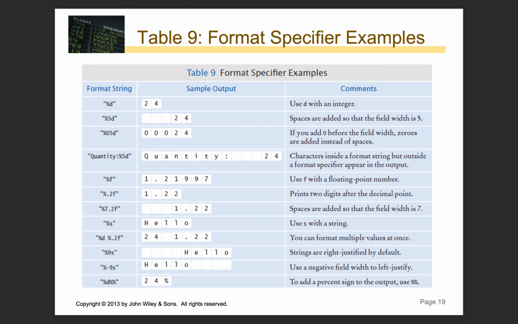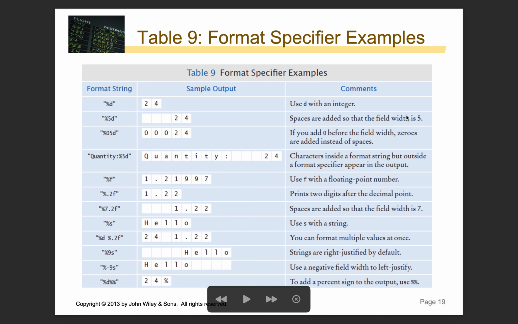Okay, so this is the big long list of format specifiers which I mentioned earlier that you might want to pause the video and have a go at using. So %d is used when you use an integer. %5d is saying the space that we're allowed to fill is 5 characters long.